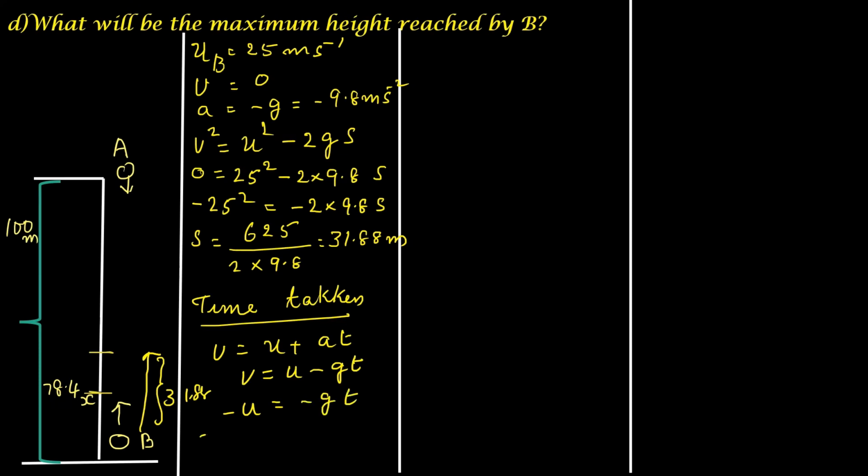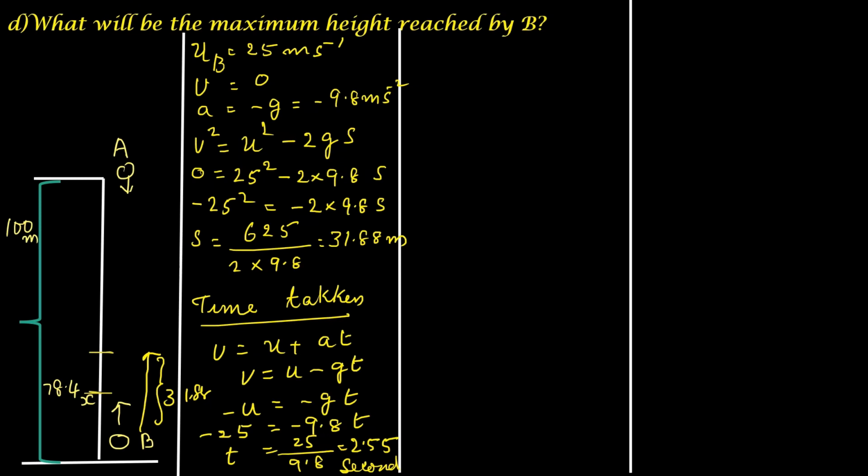Substituting the values, negative 25 meter per second is equal to negative 9.8 into t. So t is equal to 25 upon 9.8, which is equal to 2.55 seconds. From this you can understand that ball B travels a height of 31.88 meter only in 2.55 seconds.